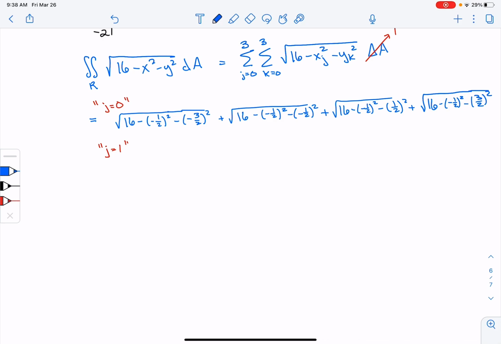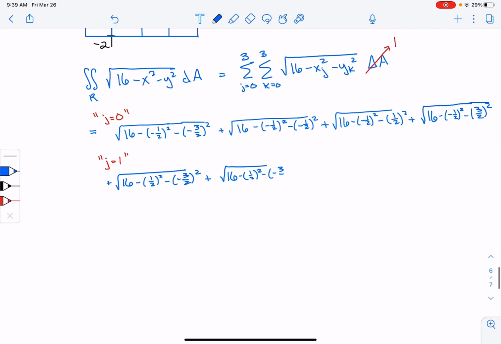So those terms are going to look like plus the square root of 16 minus 1/2 squared minus negative 3/2 squared, plus the square root of 16 minus 1/2 squared minus negative 1/2 squared, plus the square root of 16 minus 1/2 squared minus 1/2 squared, plus the square root of 16 minus 1/2 squared minus 3/2 squared.